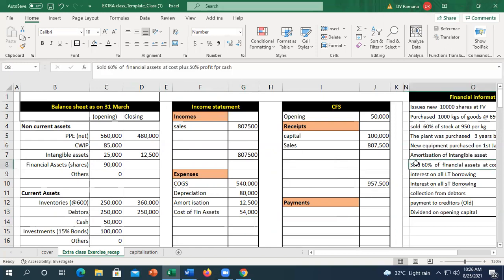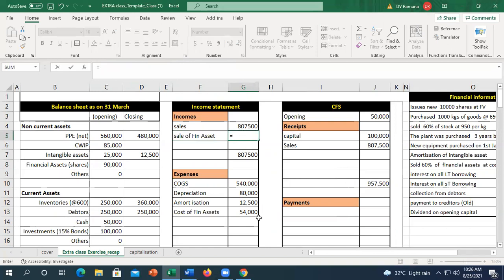They're sold at cost plus 50% for cash. So the value of the sales of this asset is 1.50 multiplied by 54,000, which is 81,000. In other words, a financial asset costing 54,000 sold for 81,000, and this is for cash.